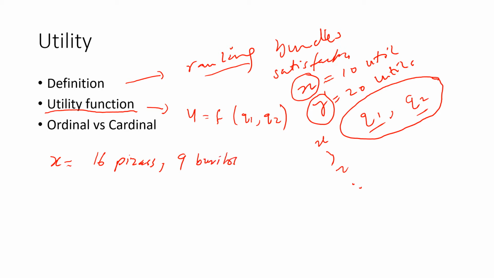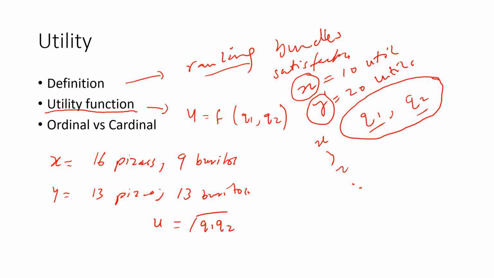And we should see whether this gives her more utility as compared to another bundle Y, which consists of 13 pizzas and 13 burritos. So which of the two will give her more satisfaction or more utility? Let's say we are using a utility function such that U is equal to the square root of Q1 times Q2.